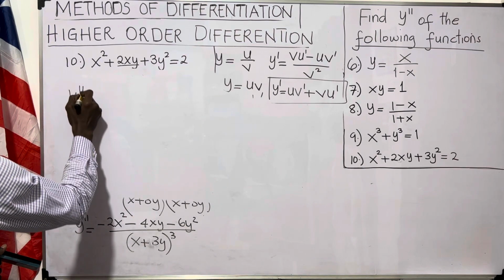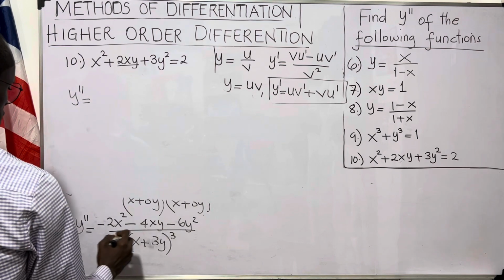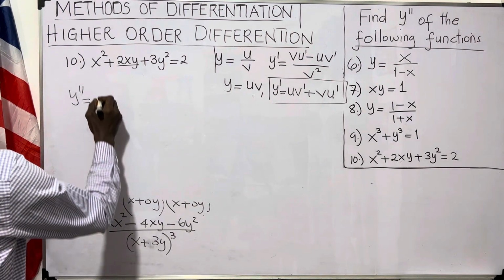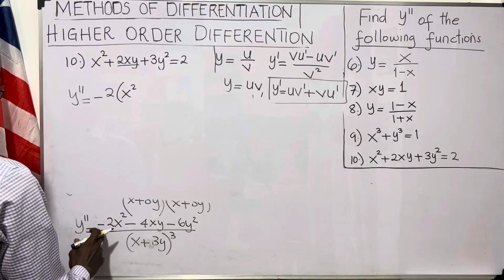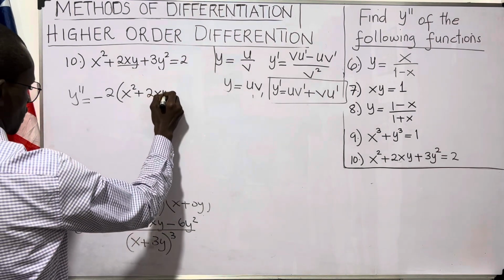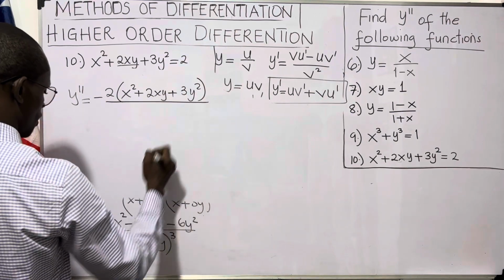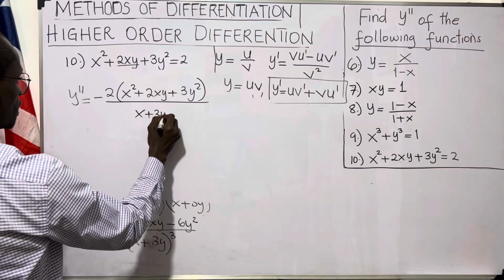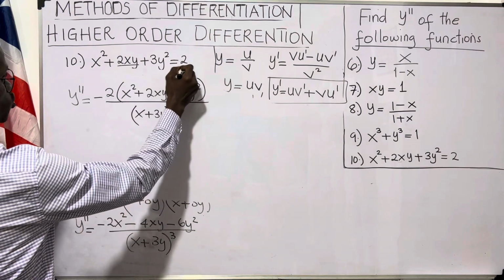So y prime prime now equals, we factor out the negative 2. And what is left is just x squared. Negative times negative is positive. 2 goes into 4 two times, so it's 2xy plus 3y squared all over x plus 3y raised to the third power.